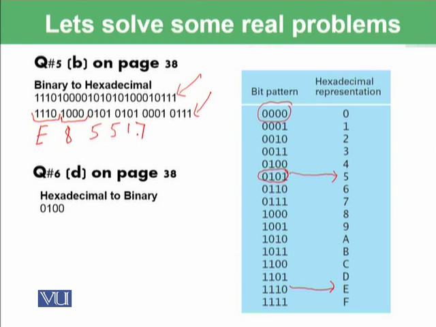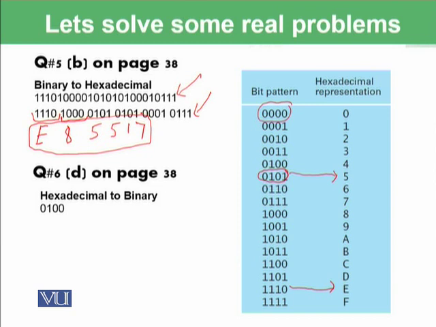So such a large number which has 6 into 4, 24 bits. These 24 bits were difficult for humans to remember, to recall, to comprehend and to use. But these 6 symbols could easily be comprehended and understood by humans.